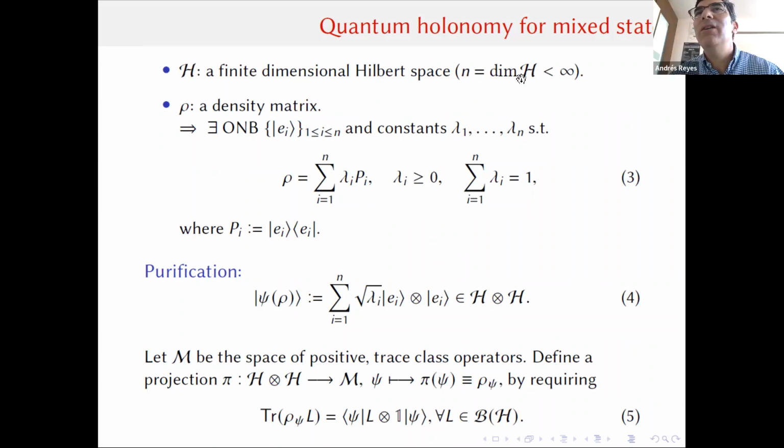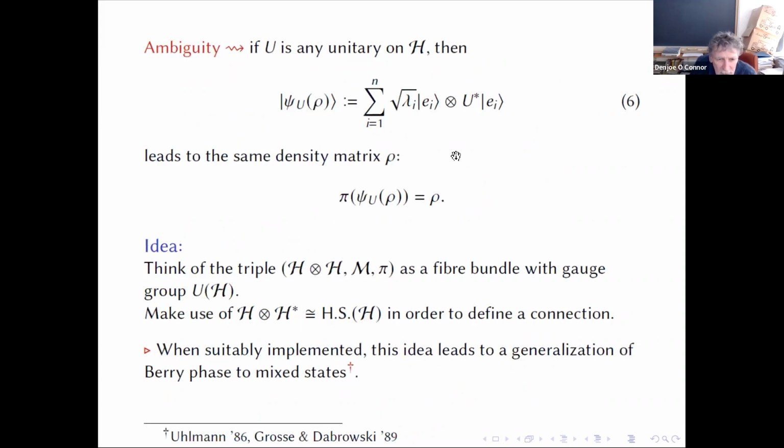So let us go back here. I consider a finite dimensional Hilbert space, and I pick a basis, the one diagonalizing the density matrix, so to say. That's fine. So now the statement is that I can get a purification of this state just by this formula, but of course I have to go to H tensor H. Yes, but I would have thought that U would rotate the index i.